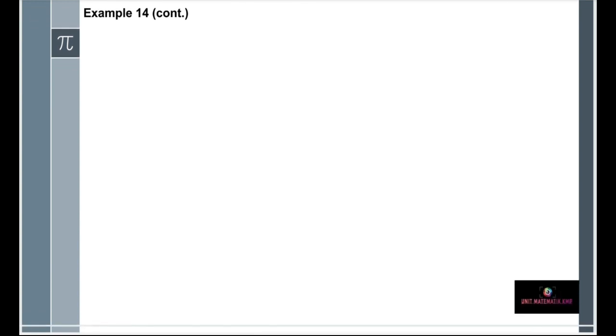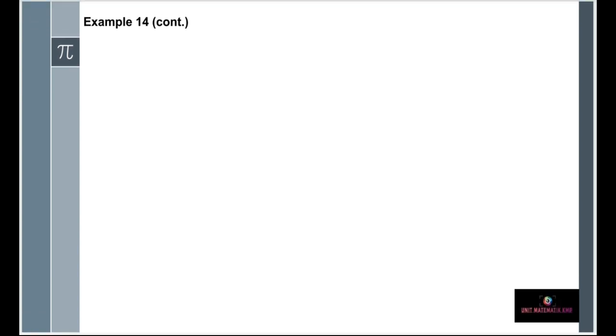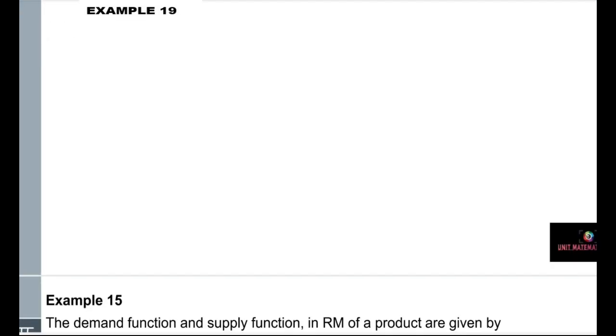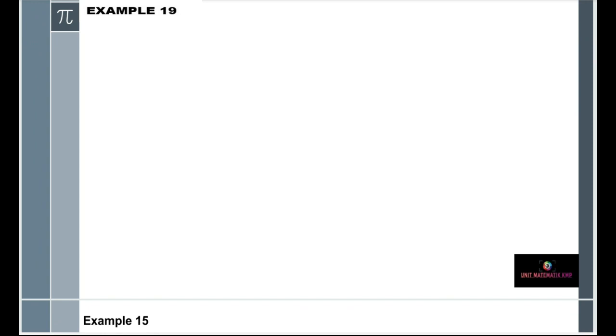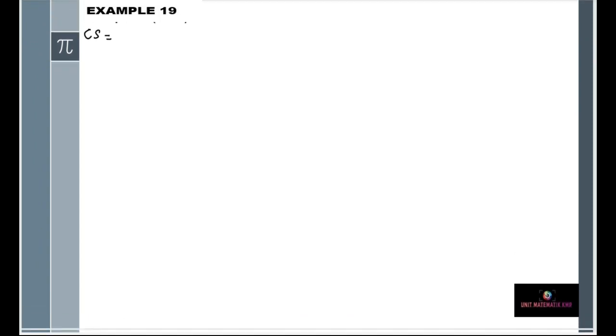So for the consumer surplus, we have to integrate from 0 to 200, using the demand function, 20 minus 0.05x dx, minus 200 times 10.